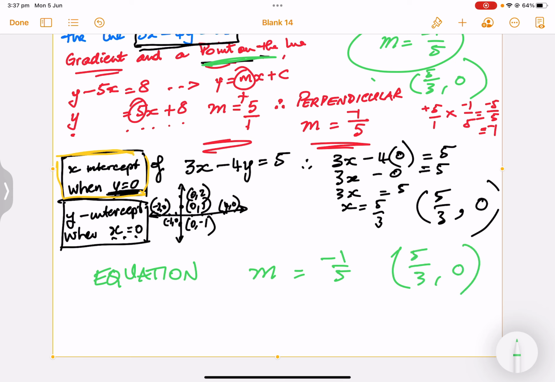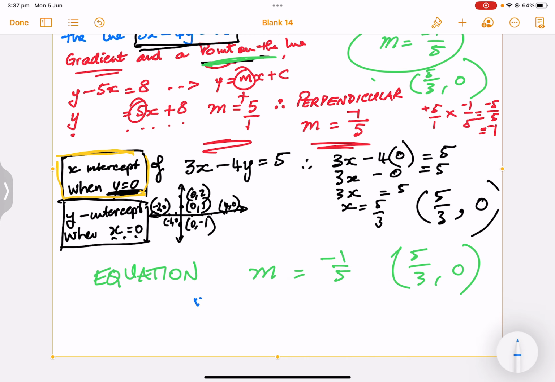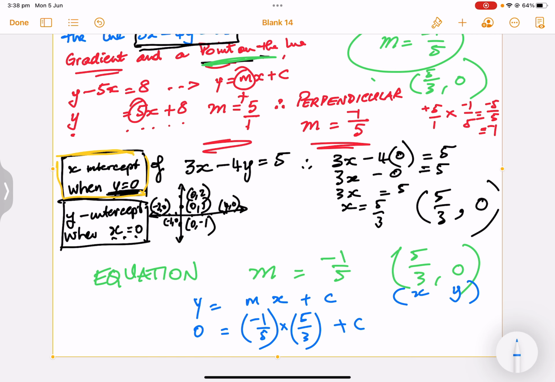So I'm going to use y equals mx plus c. I'm going to replace that with x, that with y, and that with m. So y is 0 equals m times x plus c. So there we go.